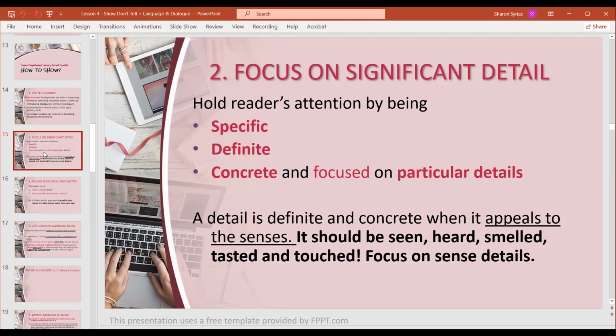A detail is definite and concrete when it appeals to the senses. It should be seen, heard, smelled, tasted, and touched. I want to talk about concrete a bit, because in reading some of your arcs, and some people submitted not only the arc, they started writing the story.